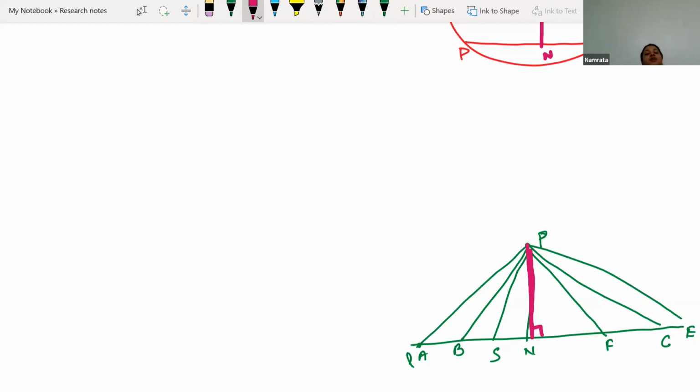Whenever mathematics says take a point and its distance from the line, it means the minimum distance, that is the perpendicular distance.